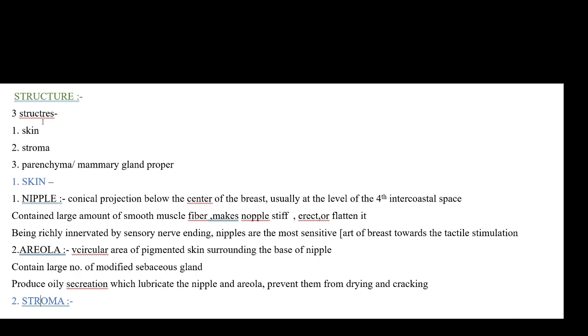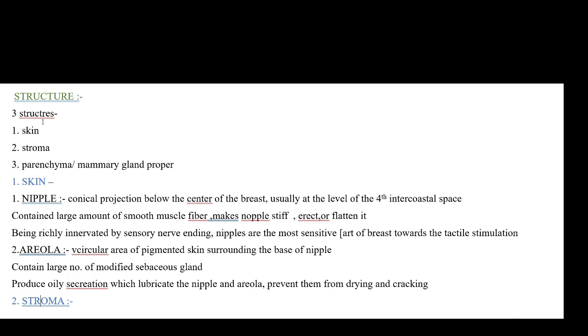It is richly innervated by sensory nerve endings, so the nipple is the most sensitive part of the breast toward tactile localization. Whenever a baby sucks the nipple, it sends a stimulation to her brain, and it starts producing milk.